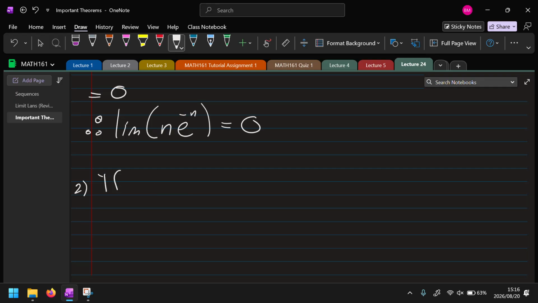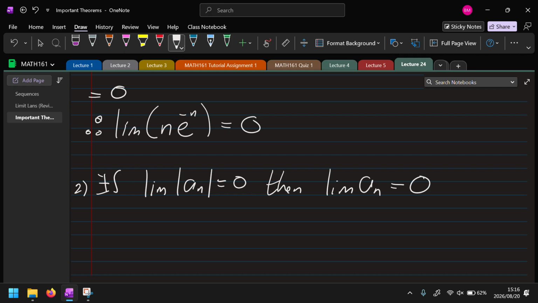So if the limit of the absolute value of the sequence is 0, then the limit of the sequence is also 0. Very nice.